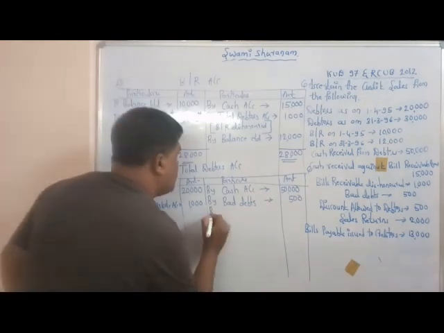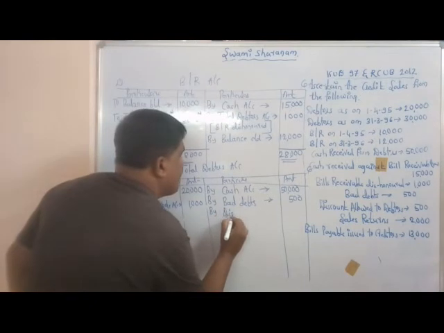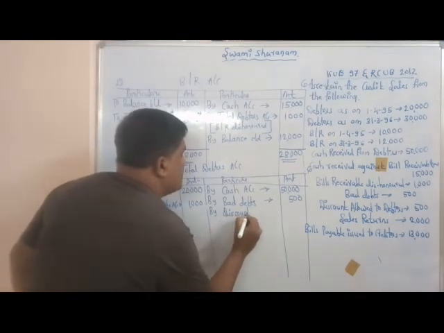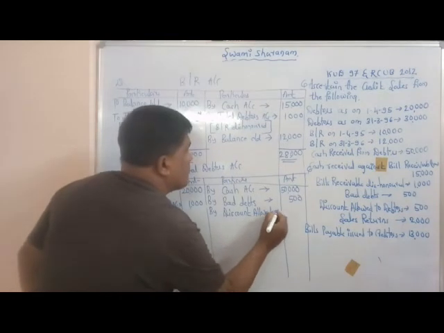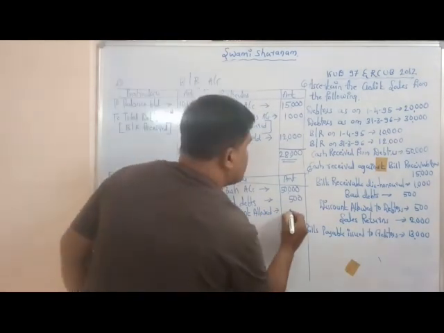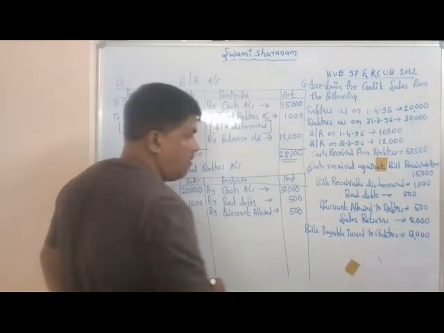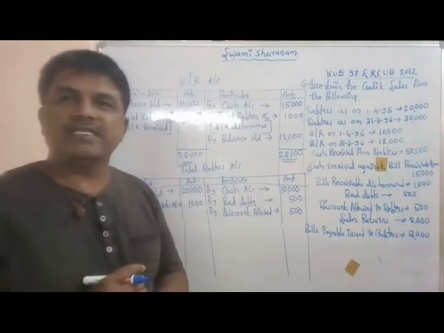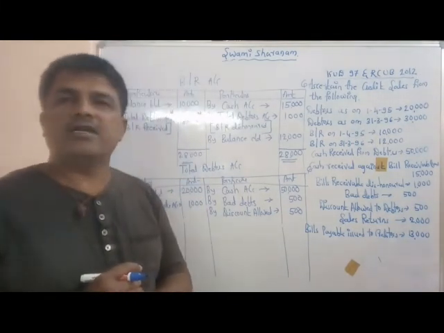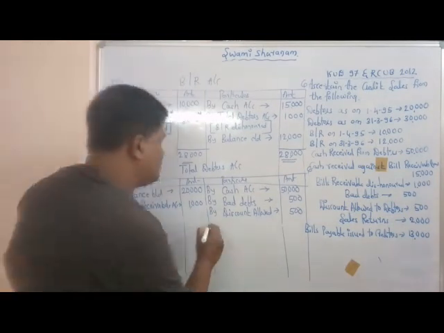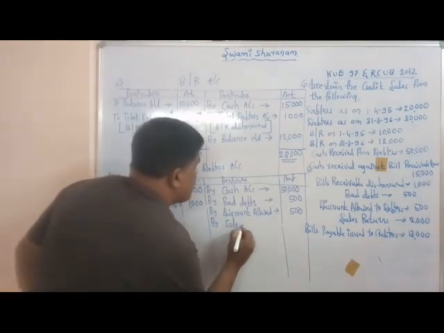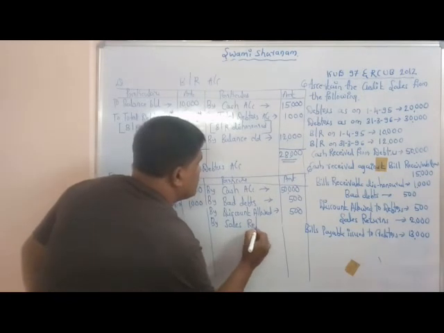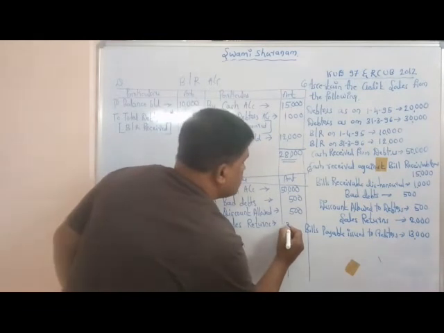By discount allowed, how much is it? 500. Then sales returns is there. Sales returns is also credited to the total debtors account. By sales returns, how much is it? 2,000.